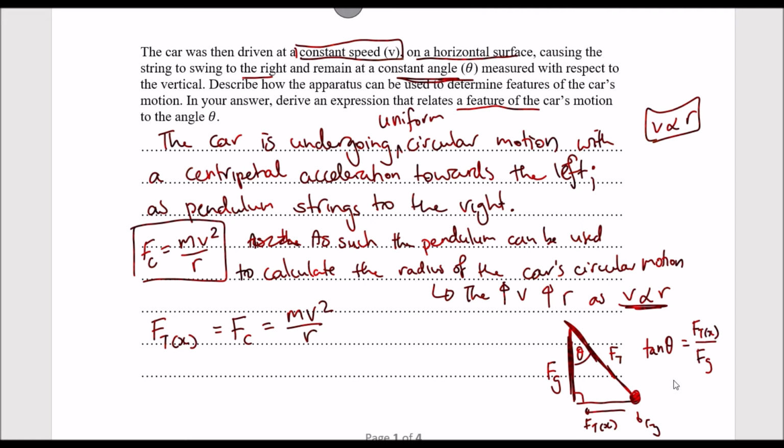It would mean the same thing. And so this formula would look something along the lines of tan theta. It's quite a messy one, I must say. So mg tan theta equals mv squared over r.